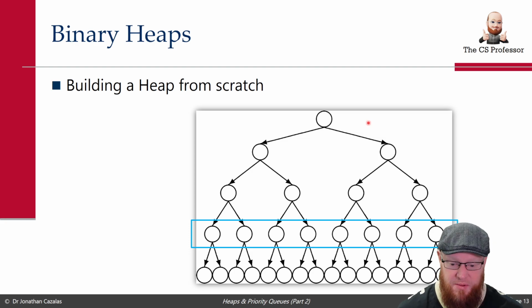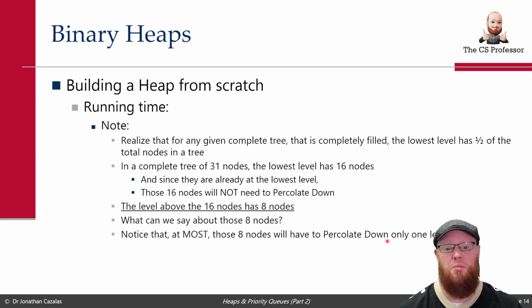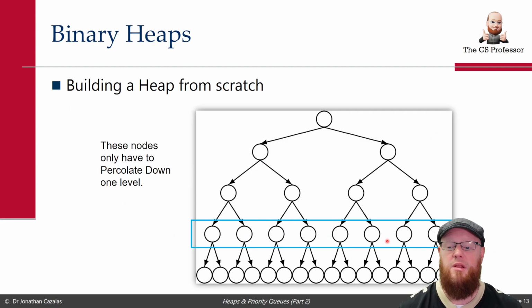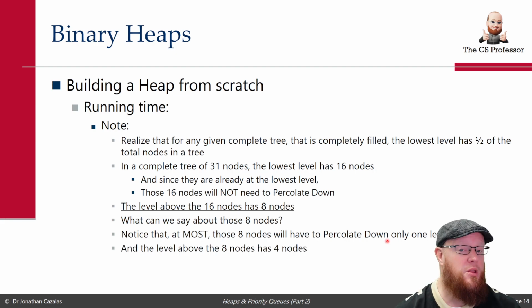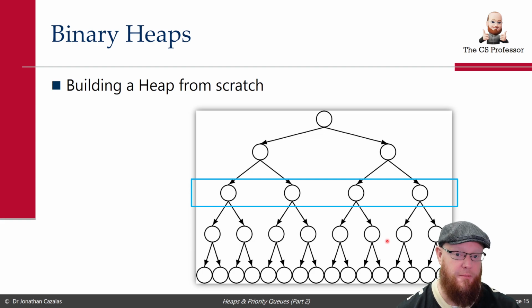In general, you might be counting, oh, there's 8. Okay, but in general, what does it really represent? The answer is it represents a quarter of the nodes of the tree. So a quarter of the nodes of this tree, at worst, will have to percolate down only one level. And then we can look at the level above that, which has only 4 nodes right here.